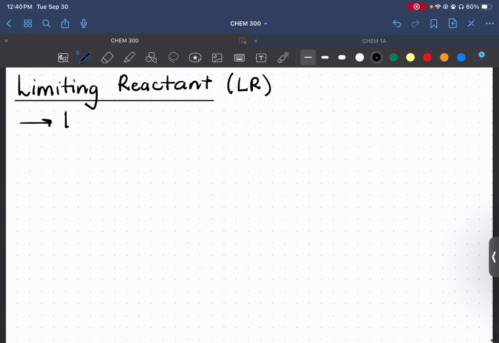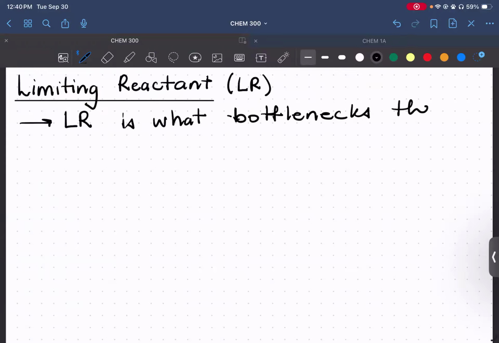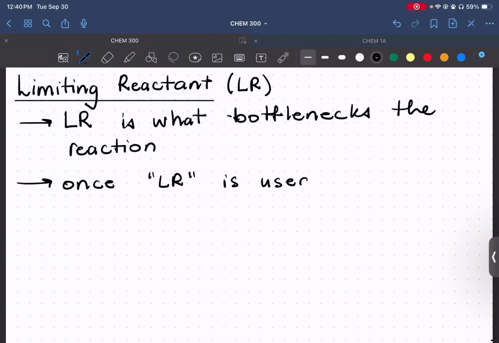The limiting reactant, in short, is what bottlenecks the reaction. The big idea is that once the limiting reactant is used up, the reaction stops, simply because there is no more reactant left.